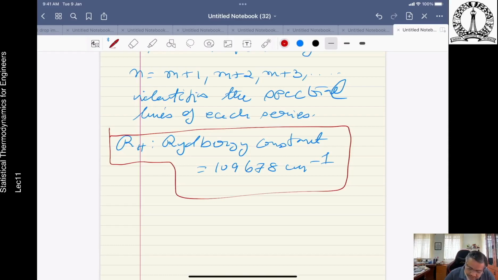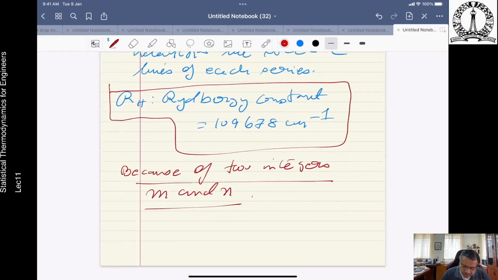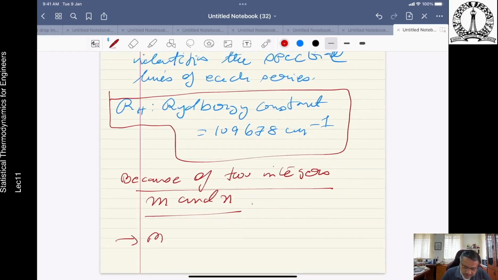Energy quantization is inbuilt because of the two integers m and n. Because of these two integers, quantization is already inbuilt.